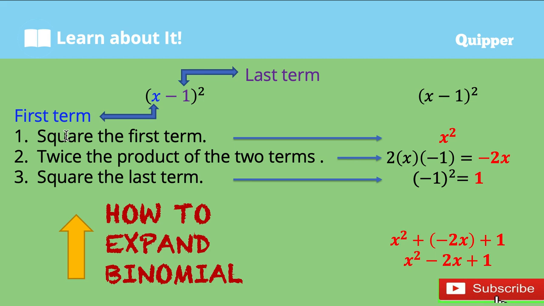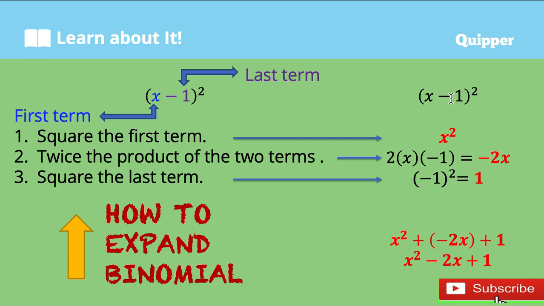First, square the first term. The first term is x. The square of x is x squared. Then twice the product of the two terms. Just multiply 2 times x times negative 1. 2 is coming from the word twice. So we have negative 2x. Then square the last term.